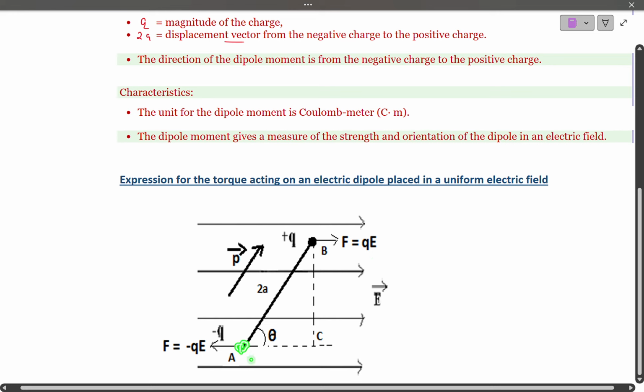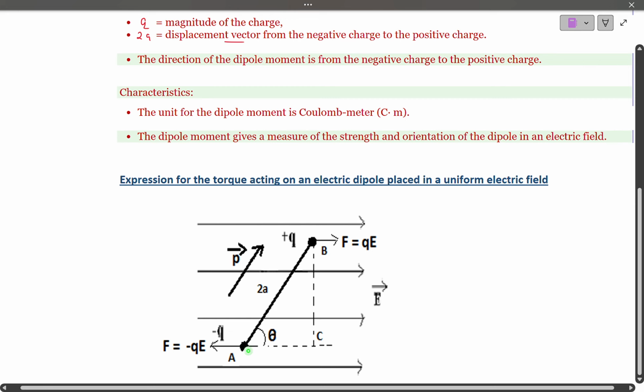The same way, at the position A, when negative Q is placed there, an equal and opposite force acts, that is F equal to negative QE. So at the position B, the force acting is F equal to QE, and at the negative charge the force acting is F equal to negative QE.